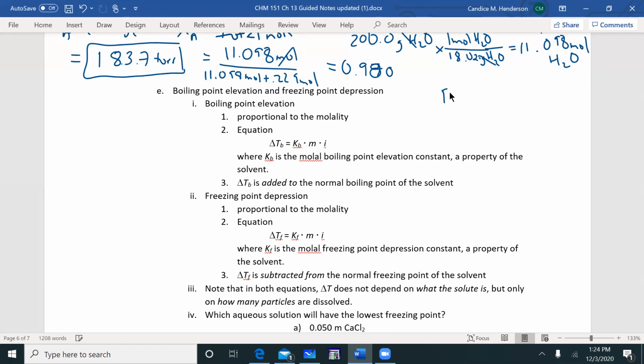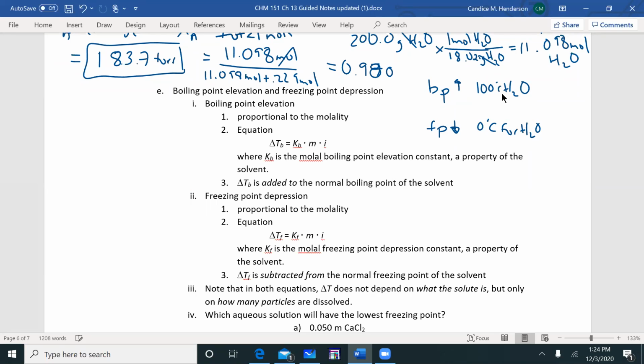So boiling point is going to increase. And I'm going to say that it's 100 degrees for H2O. And then freezing point is going to do the opposite. So it's going to decrease. Traditionally, it's 0 degrees Celsius for H2O.